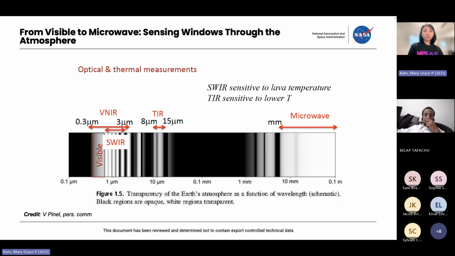Although if you have ash particles, they can interact with or reflect back radar signals. So this is the main motivation for the use of SAR data in volcano monitoring. We'll go through that later on, but this is just a slide showing you why we need different sensors and how we use them to understand the volcanic system.